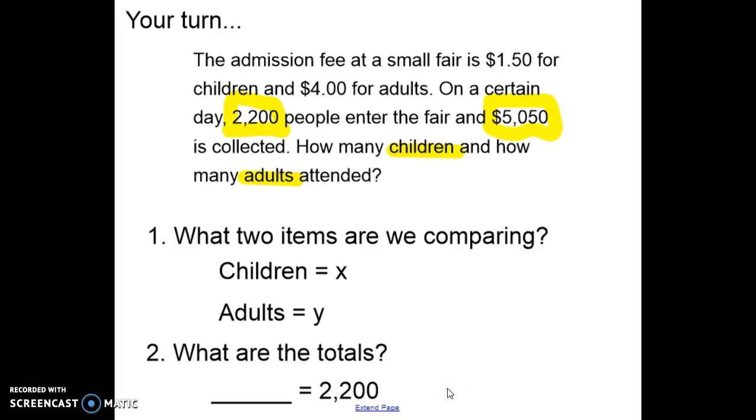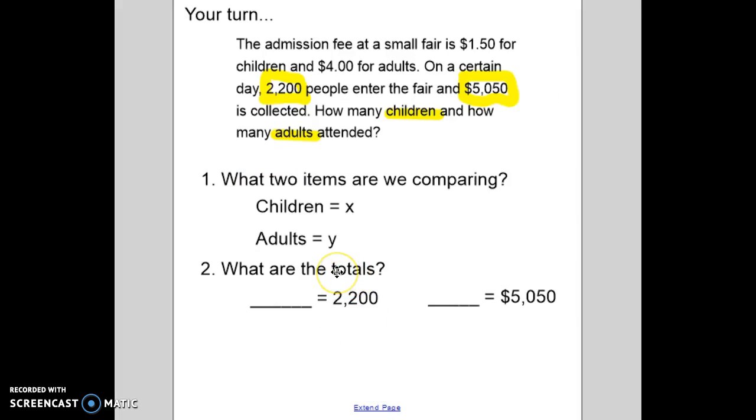And my other equation is going to equal how much those people spent to get into the fair, which is $5,050. So now I have my totals, I know my two variables, and I have to go in and fill in my equations for these in order to solve.